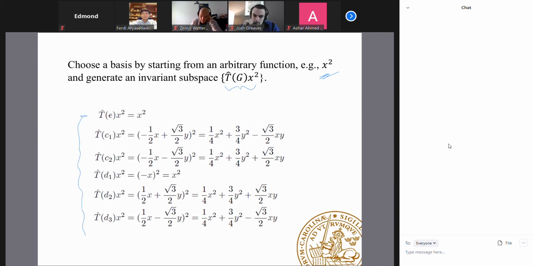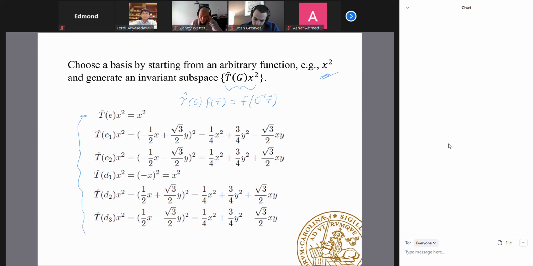We apply the unit element, C1, C2, D1, and so on, to the x squared. And how do we do this? Well, we just follow our definition that g on the function f is equal to f of g minus 1 r, like that.